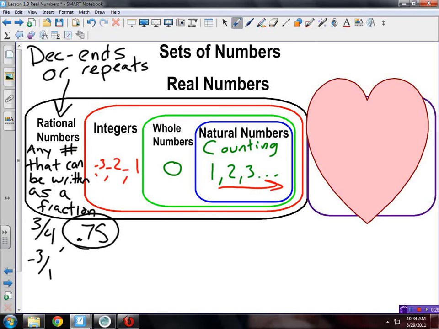It ended, right? So is it a rational number? Yes. Can we think of one that repeats? I'm going to come up with an easier one first, and then I'll come back to 0.7 repeating. The 0.3 repeating, right? 0.3333333. It's 1/3. So can 0.3 repeating be written as a fraction? Yes.